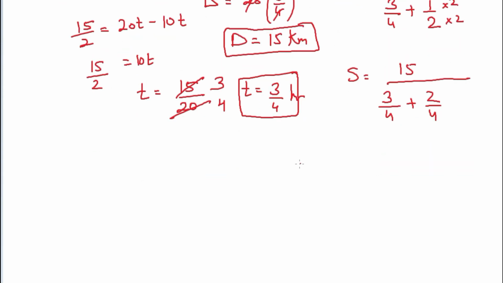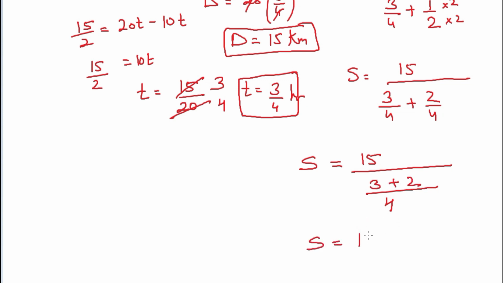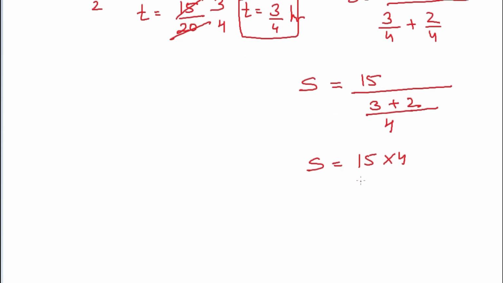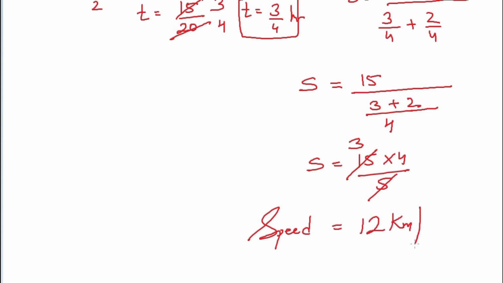So S is equal to 15 by, taking the common denominator of 4, 3 plus 2 over 4. Now this 4 goes to the numerator because it is the denominator's denominator, and this 5 is in the denominator, so you can cancel it out. 5 threes are 15. Now the speed you get for the last scenario is 12 kilometers per hour. Hope you got it.